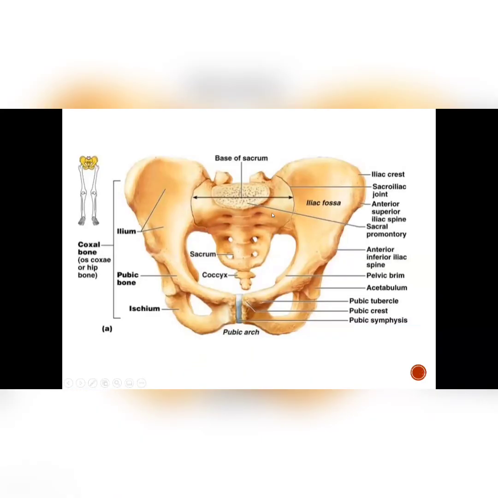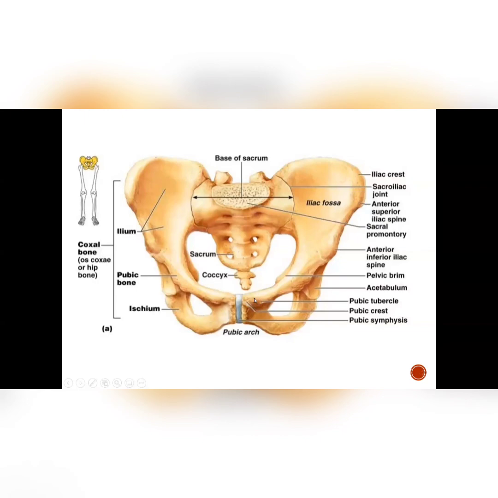So when we are learning the attachments of rectus abdominis, I just want to refresh your memory regarding the parts of the pubis. In the midline, the secondary cartilaginous joint is the pubic symphysis, whereas the body of pubis has a raised portion superiorly called the pubic crest, and the lateralmost portion of pubic crest is the pubic tubercle.